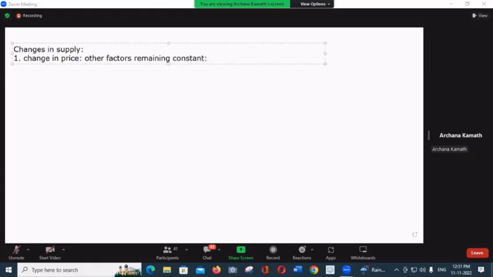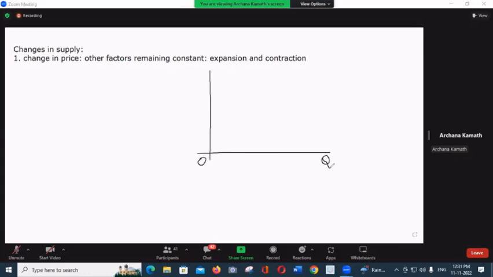Okay, other factors remaining constant, changes in price lead to the same concept of expansion and contraction. So instead of the downward sloping demand curve, we'll be taking an upward sloping supply curve.